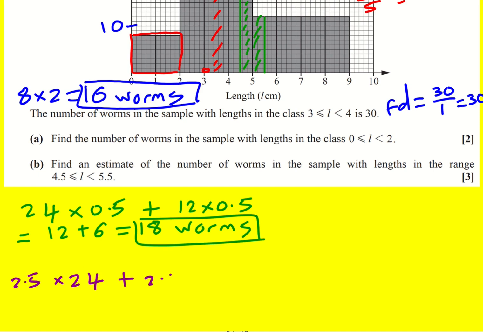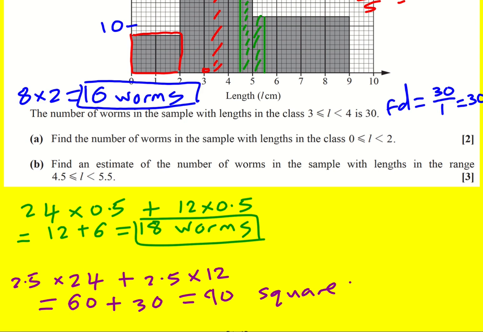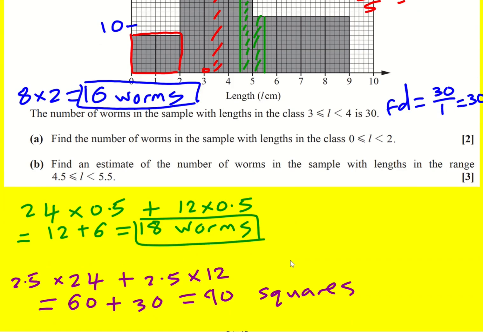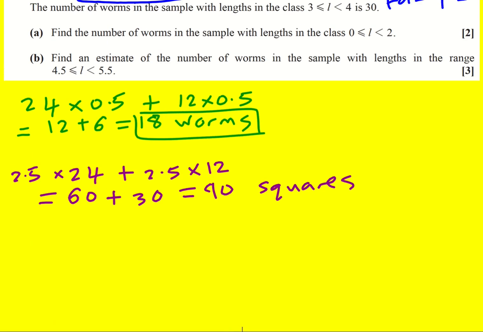And then I've got 2.5 over here, and I'm going to be timesing that by 12. That is going to be 60 plus 30, 90 squares. Remember, 5 squares represented 1 worm. So to get the number of worms, I now need to divide by 5, which again gives 18.